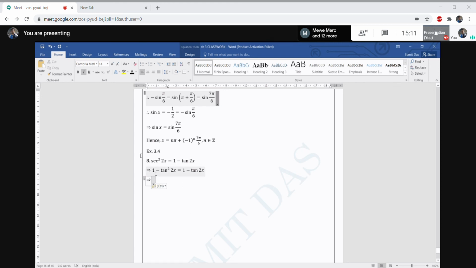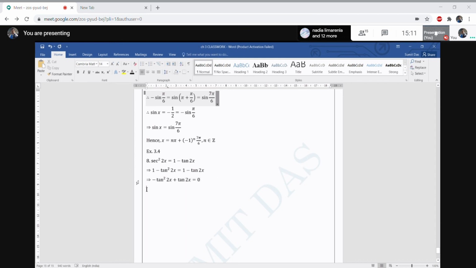From both sides, we can see 1 cancels, right? So the left hand side will be minus tan square 2x, and if you take this minus tan 2x to the left hand side, it will be plus tan 2x, which is equal to 0.